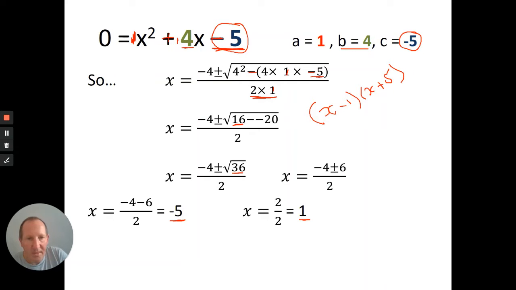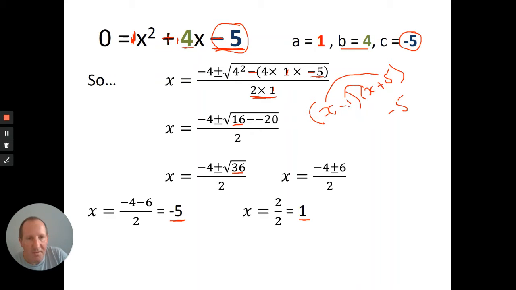Because remember, when I get these, it's the opposite sign. If you look at that factorising, this one here, minus 1 times 5 gives me the minus 5. That's where the number comes from. And then my x values, I've got minus 1 from this, and then I've got plus 5 from this.